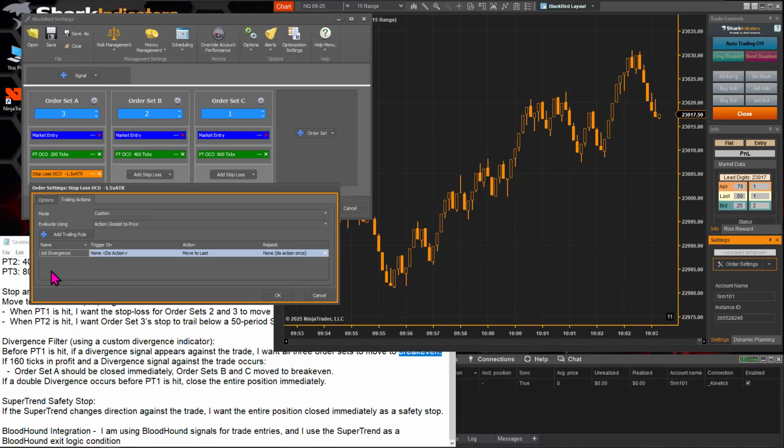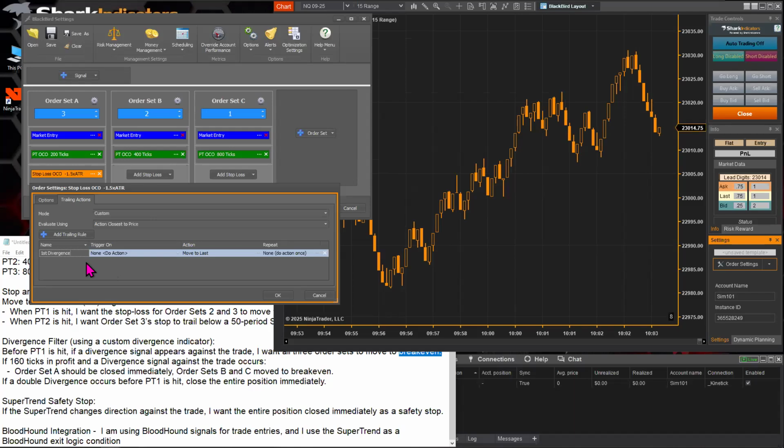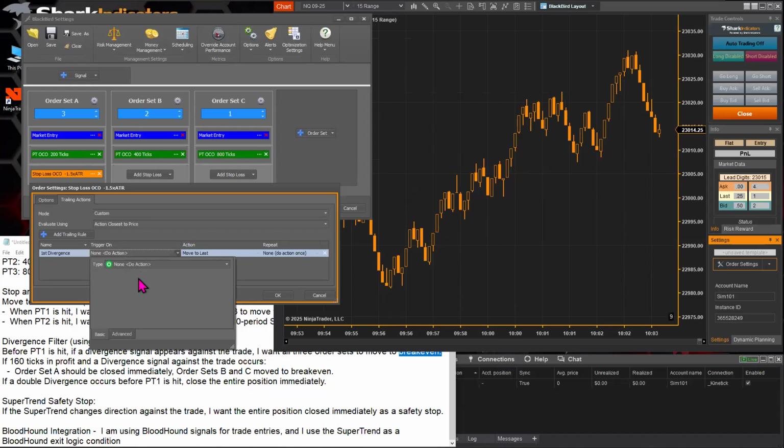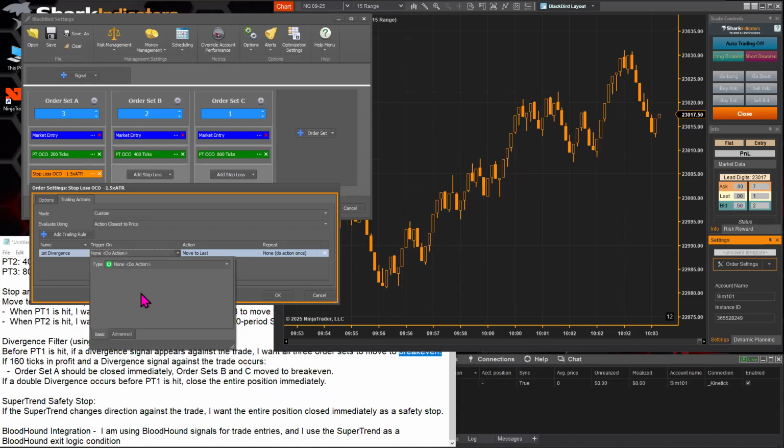All right, we'll just call it the first divergence there. And let's see, next, we're going to go into the trigger. So we need to read this divergence indicator here that's generating those signals.